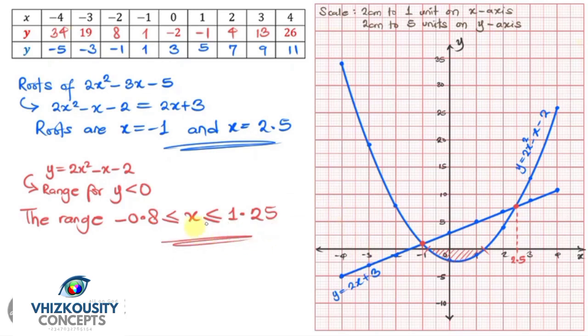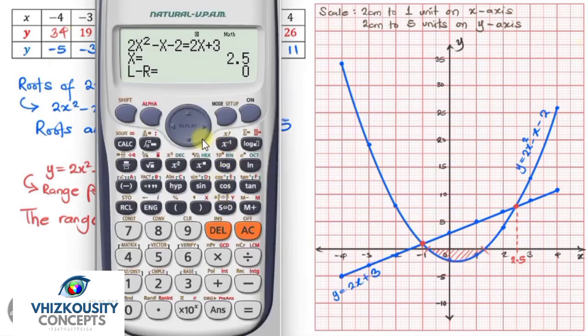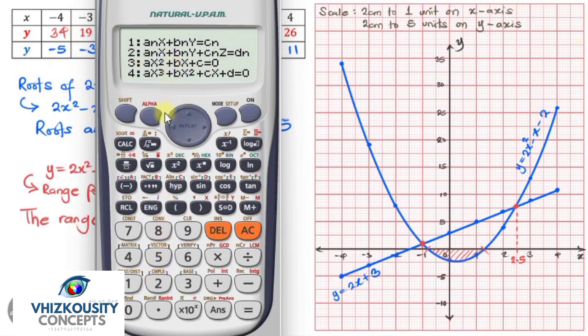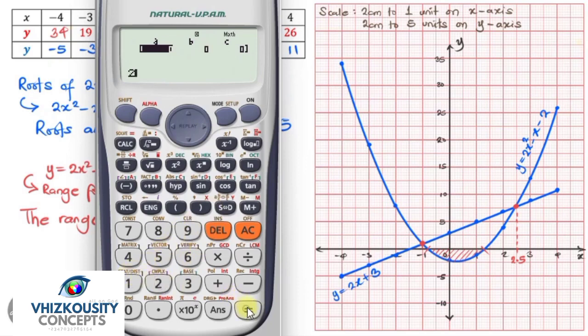But actually, this is also the root of the quadratic equation where it's cutting the x-axis. And we can also say we want to solve for that. We can just say we have our equation, okay, 5. We want to solve it, it is a quadratic, that is amounting to 3. And what is the first term? That is 2. And then the coefficient of x, that is minus 1. And then the constant c, that is minus 2. So you can have the calculator solve that. And then the very first solution, x1, this is 1.28.